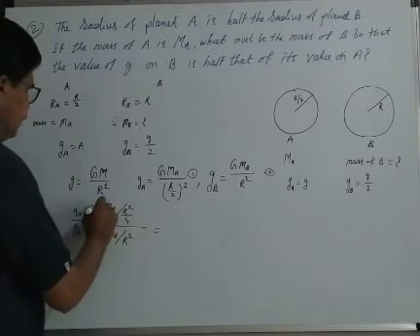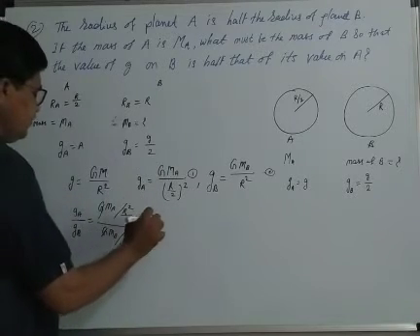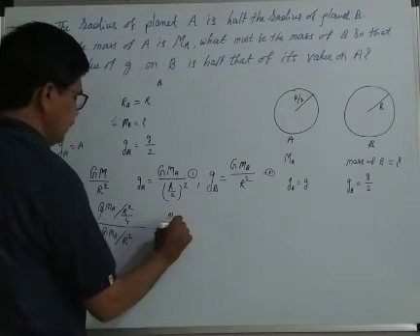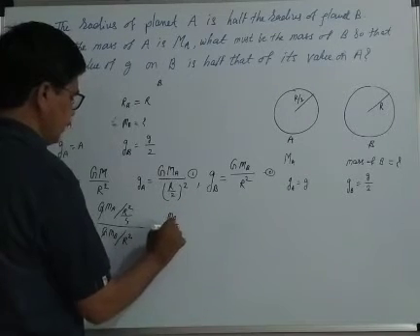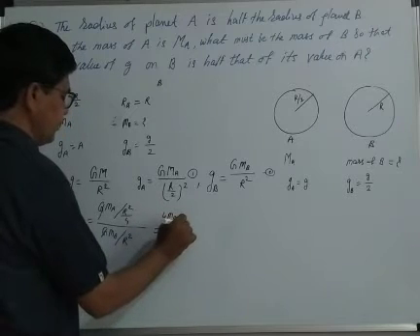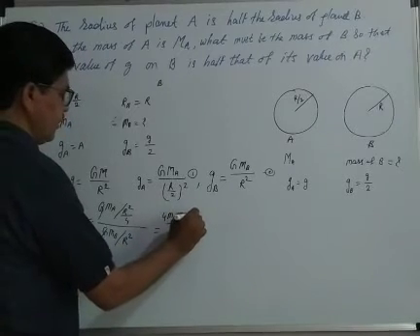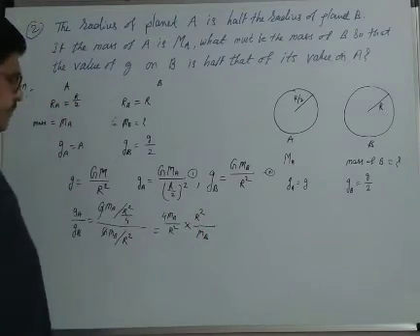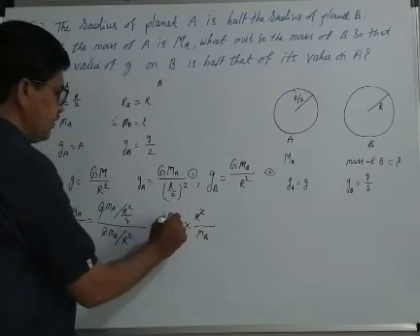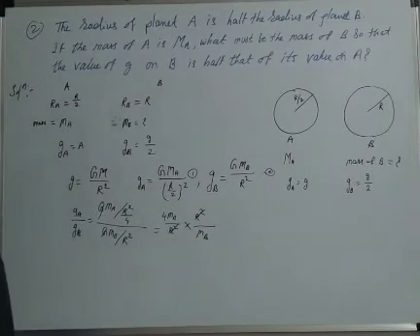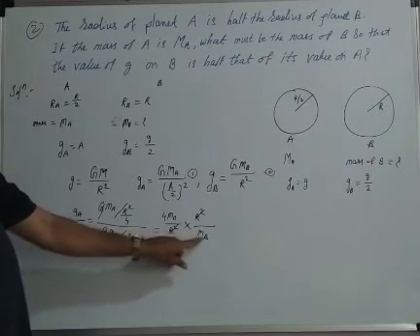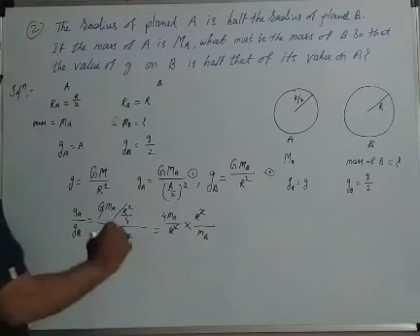G gets cancelled. Then MA divided by R square by 4 means multiplied by 4, multiplied by R square divided by MB, where R square gets cancelled.